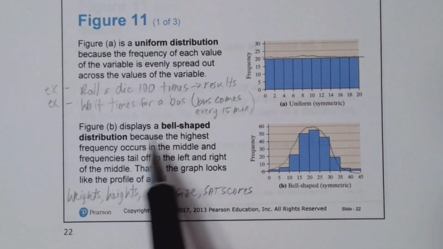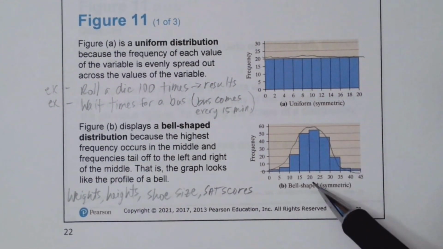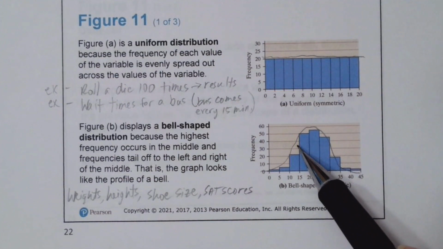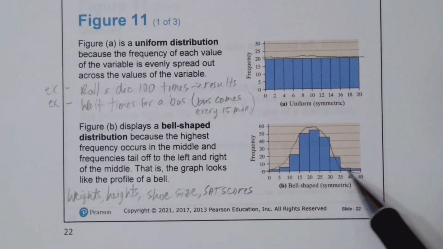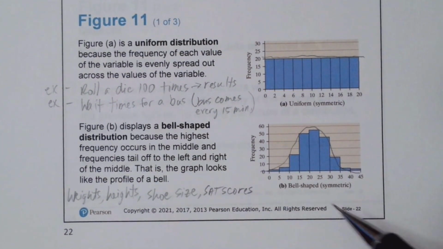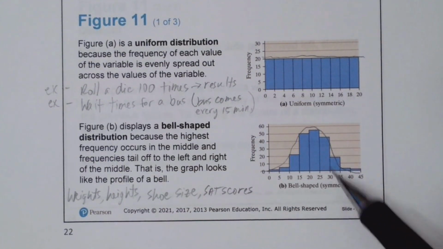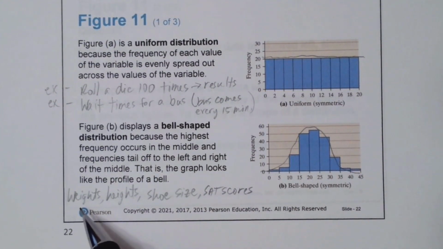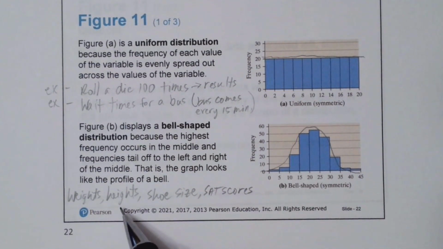We talked about the bell-shaped distribution. Again, you can see the symmetry, and you have what we call tails on each side. The types of data that tends to have this kind of distribution would be if you collected like the weights of men, or the heights of men, the shoe size of men.